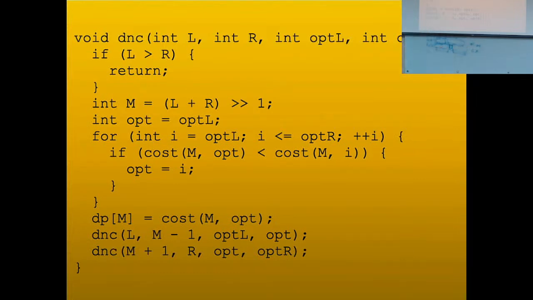So the best case, if the index is such that we don't need to compute anything anymore, we just return. Otherwise, take the middle and then do the naive operation on the middle. Okay, and then find the optimum, and then when we want to solve this, we can use OPTL but stop at OPT, right? Okay.